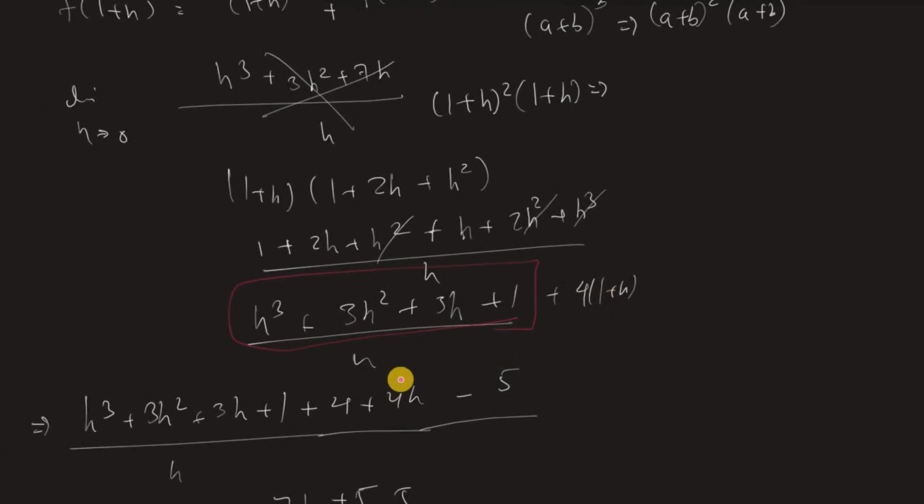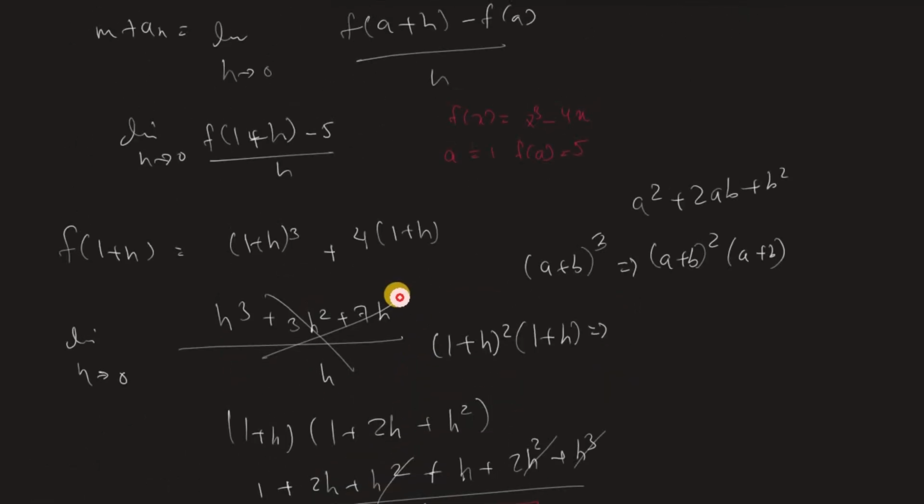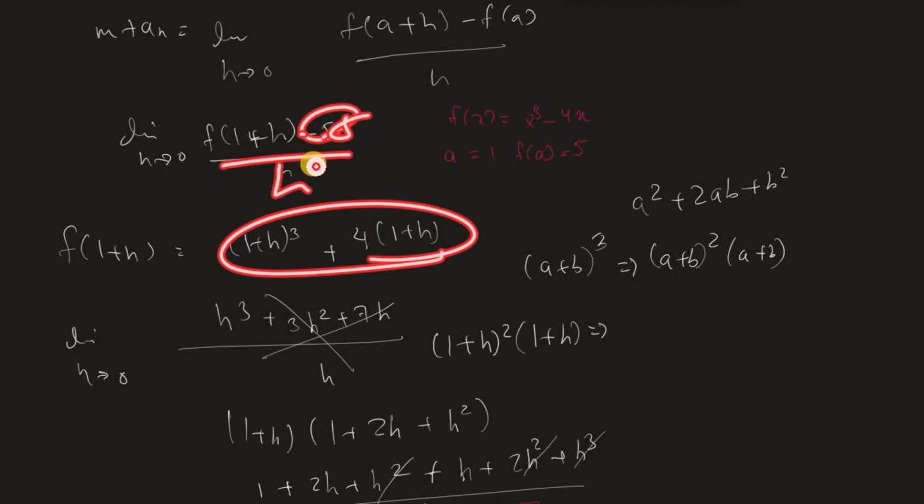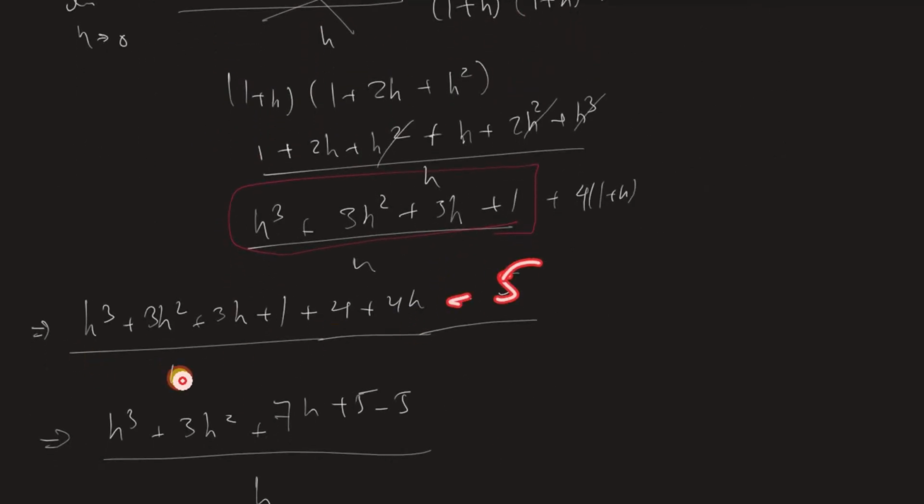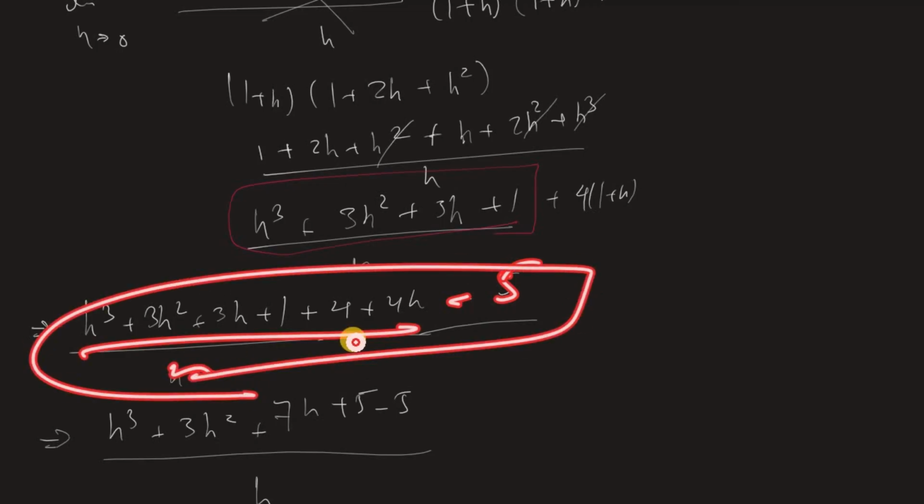After we have simplified this, we multiply, so we have 4 and 4h. And after we are done with this, remember we have to put the negative 5 and h as well. So this is what we have as a whole equation.